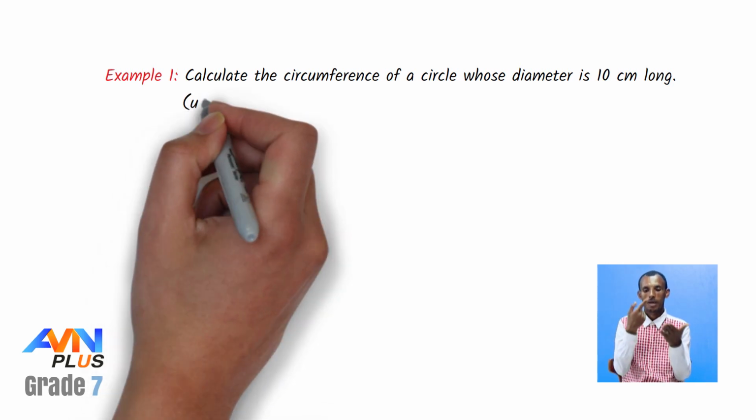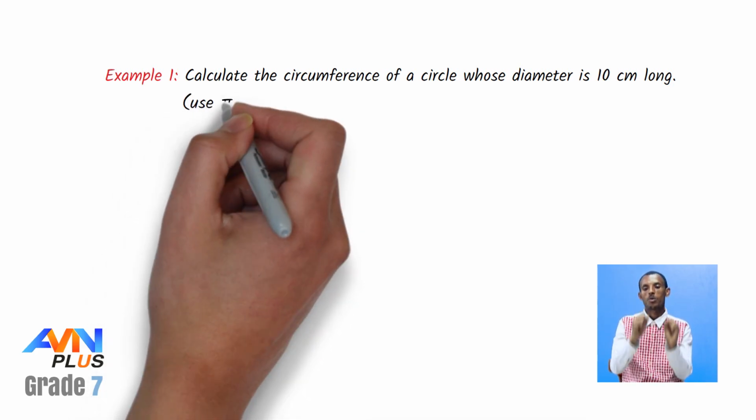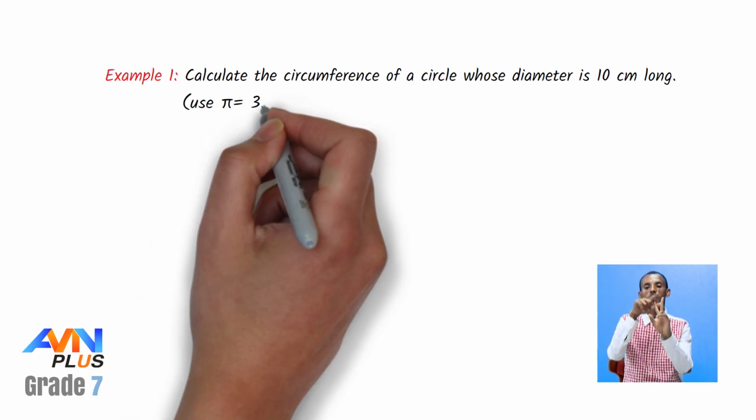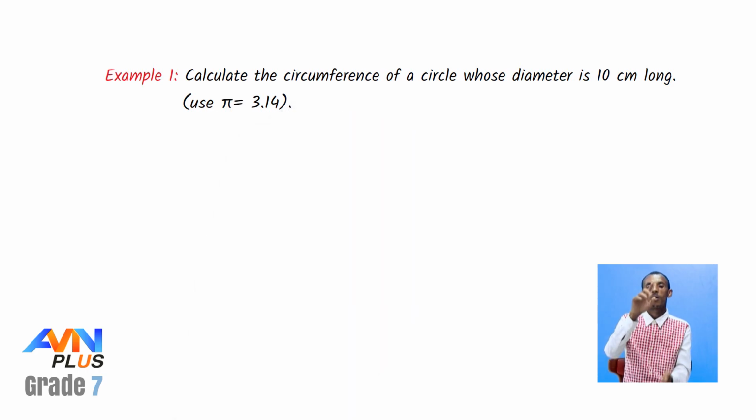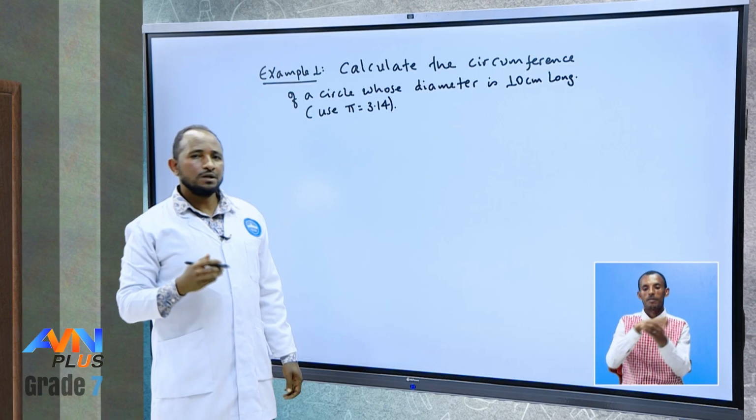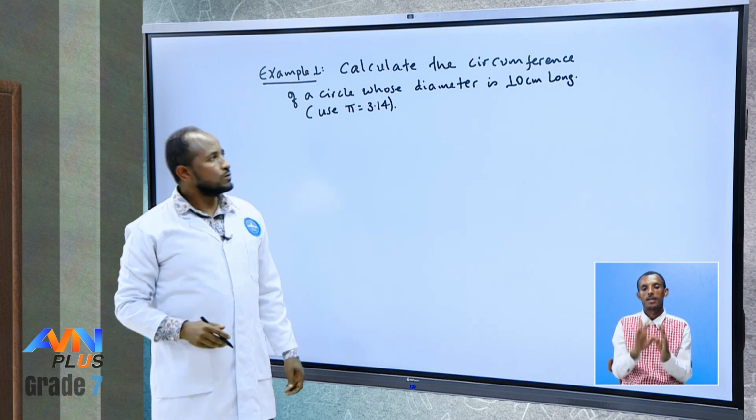Here you can use pi to be 3.14. So how do we calculate the circumference of this circle? Let's see the answer together.